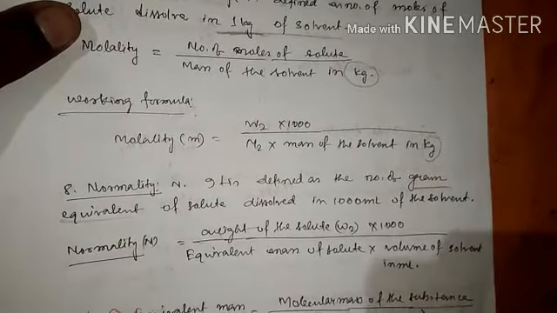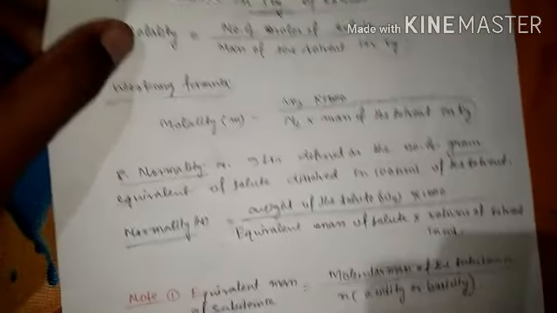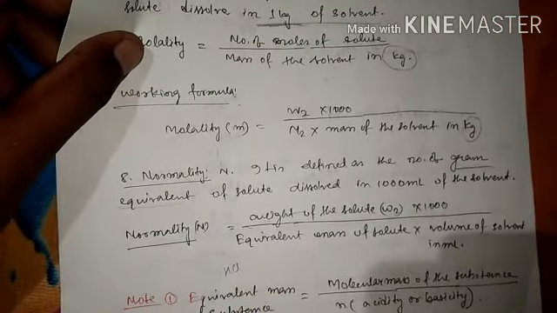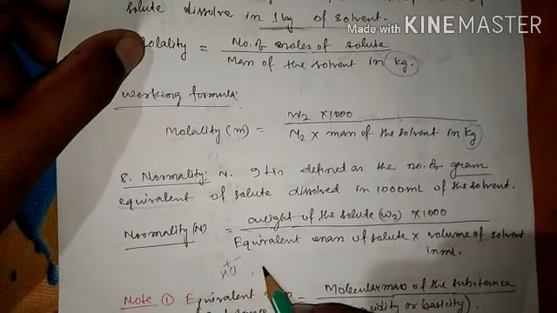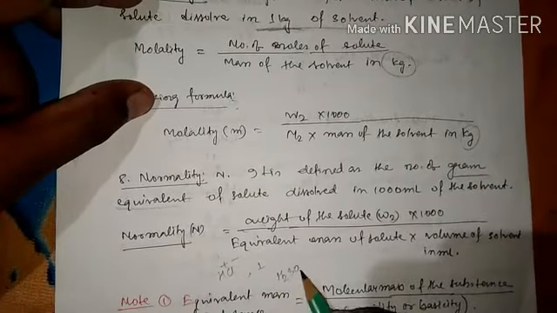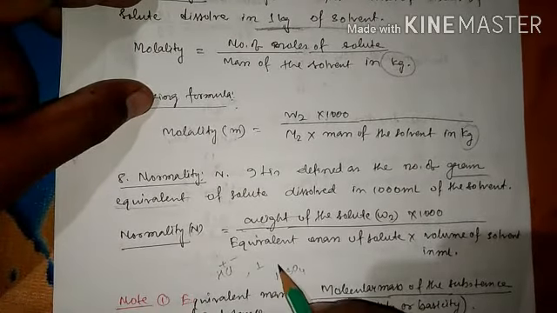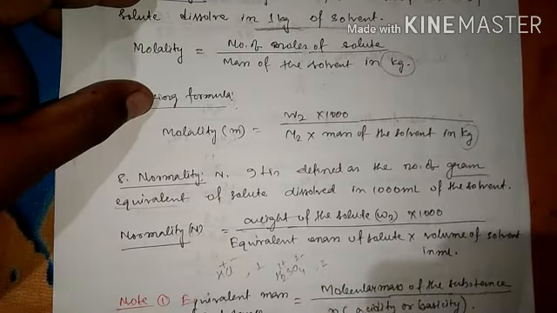Okay. Now see, how can you calculate this n, acidity or basicity? Suppose we are preparing a solution of HCl. HCl has H plus and Cl minus, that means the acidity is 1. Similarly, H2SO4, sulfuric acid, has 2 H positive, that means the acidity is 2.